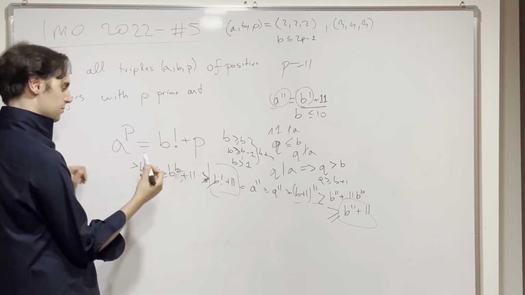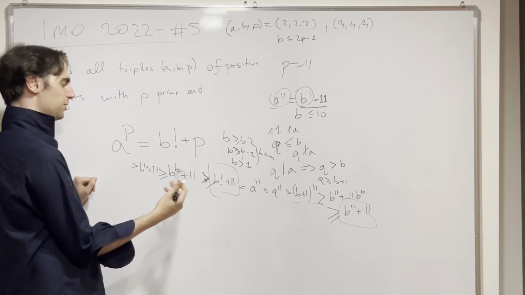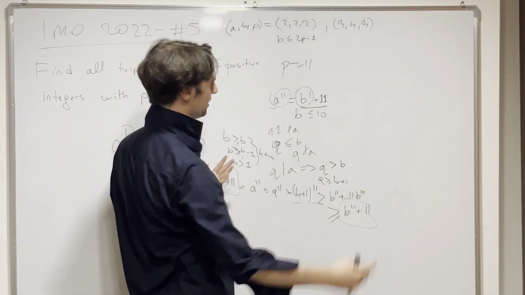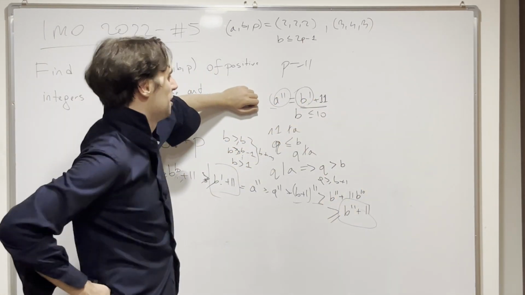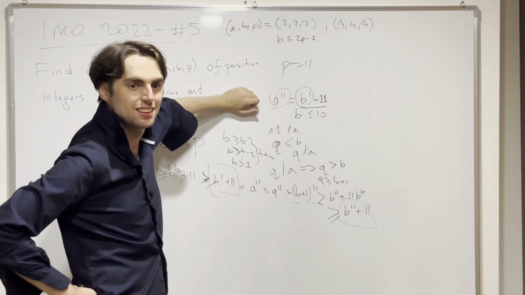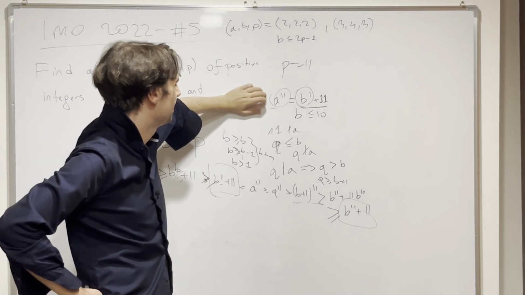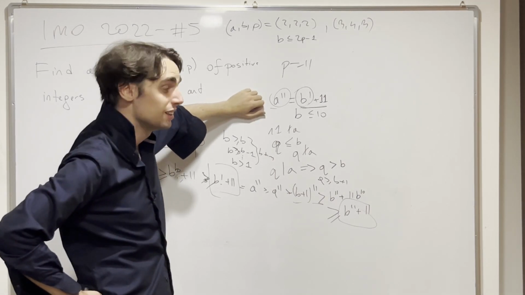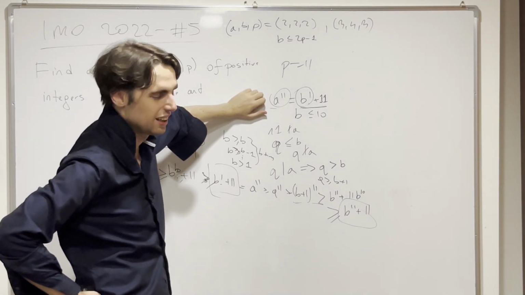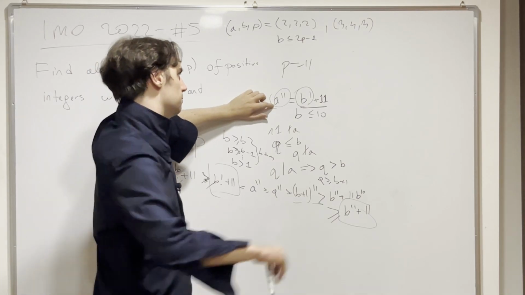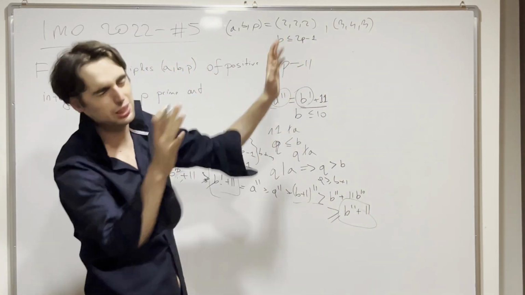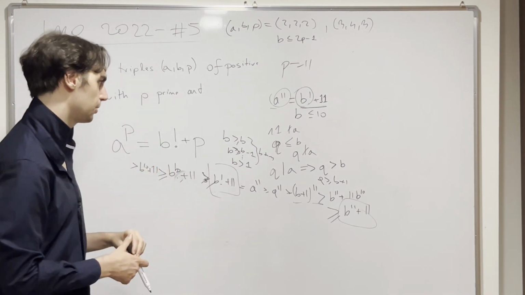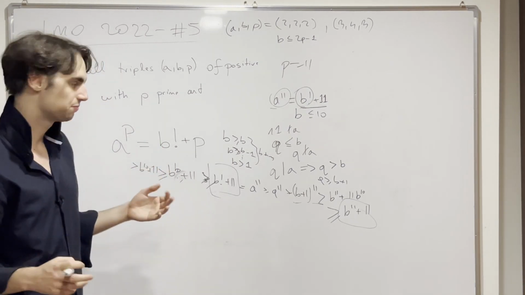I can treat 1 as its own case. B equal to 1 fails because B plus 1 is not a power of A to the 11th. A would have to be 2. We can treat B equal to 1 as a separate case in this estimate. Even that's not necessary really, but we could do that.